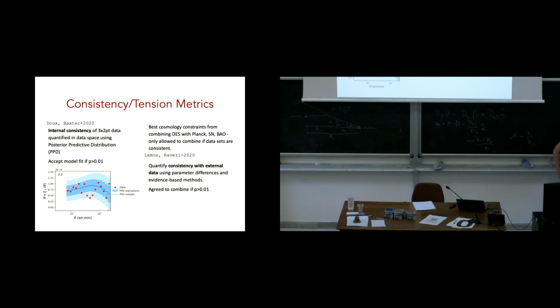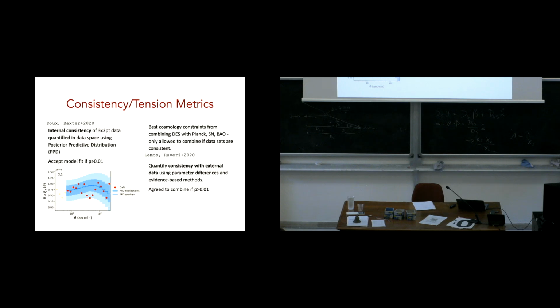Then something we briefly touched on yesterday already. We need a clear plan for quoting consistency or tension. And there we have different strategies for internal consistency. So basically different subsets of our DES data and agreement or disagreement with external data sets.